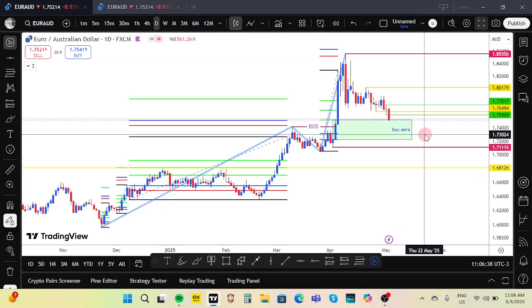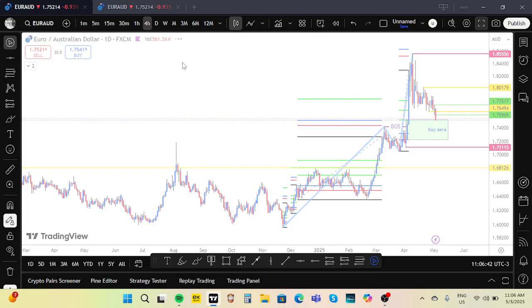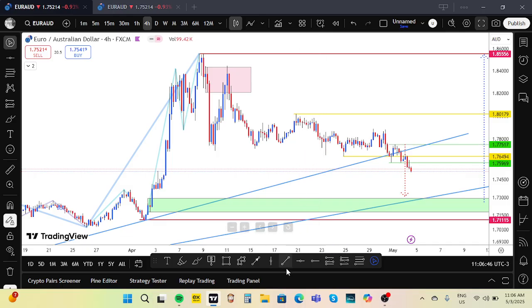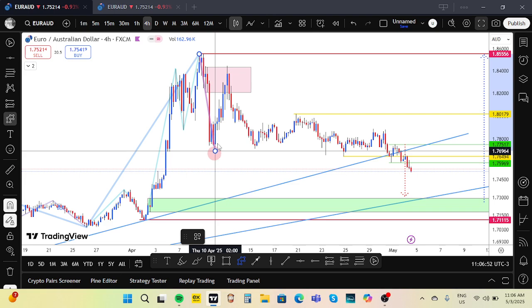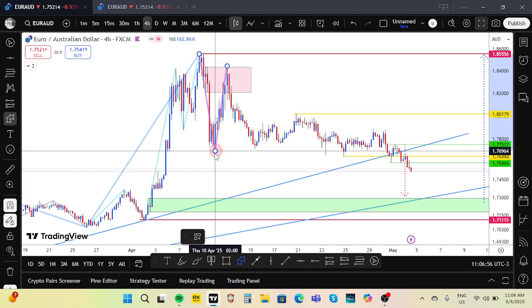Then I will be looking for the smaller structure. I'll be looking for the smaller structure on the 4-hour time frame. Right now, on the 4-hour time frame, I have the short-term trend. I have a lower low right here, a lower high here. Let's see the next lower low, right?